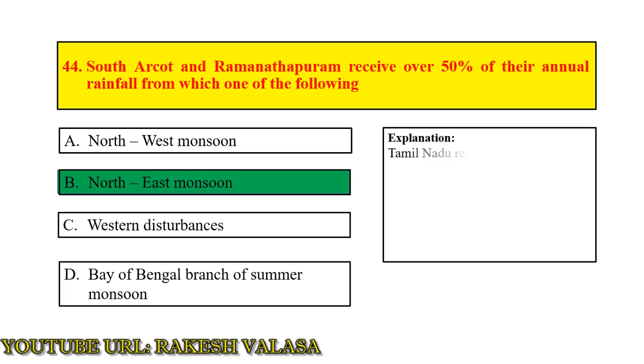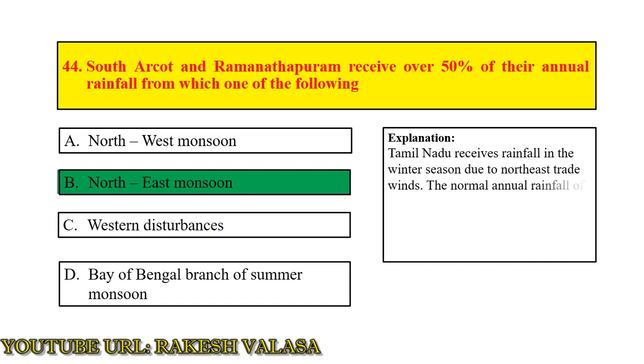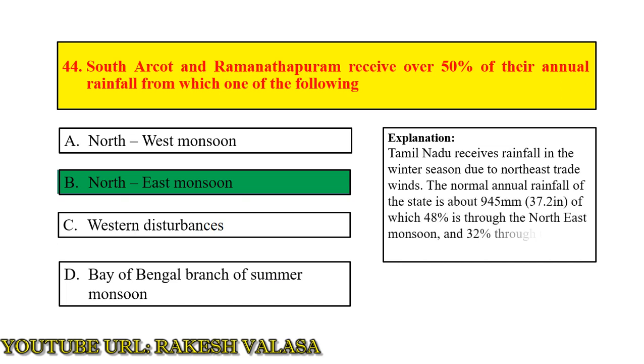Explanation. Tamil Nadu receives rainfall in the winter season due to northeast trade winds. The normal annual rainfall of the state is about 945 mm, 37.2 inch, of which 48% is through the northeast monsoon and 32% through the southwest monsoon.